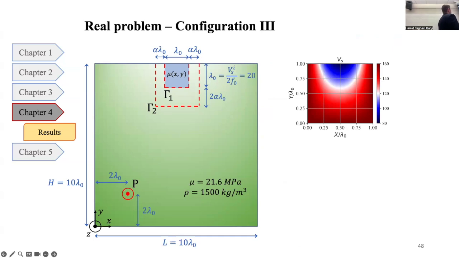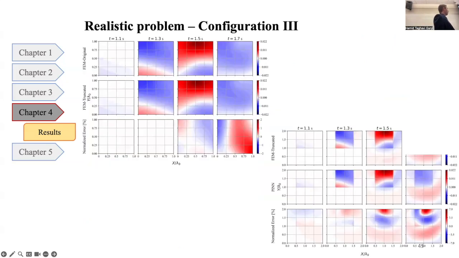To check if the dimensionless equations work in the 2D problem setting as well, we considered a more realistic problem with these mechanical properties. And instead of considering a homogeneous basin, we considered the Vs profile changing in the basin, based on this figure.